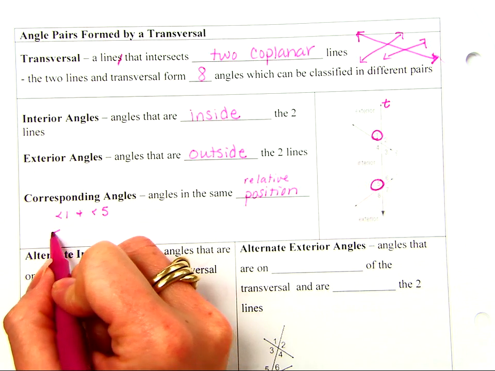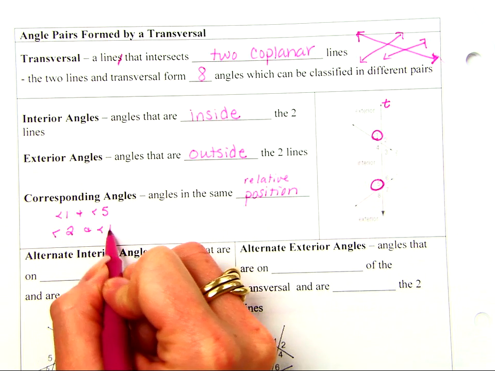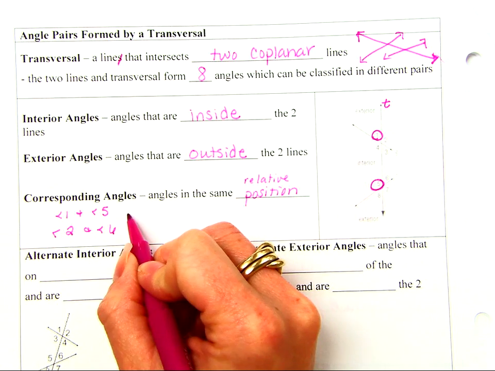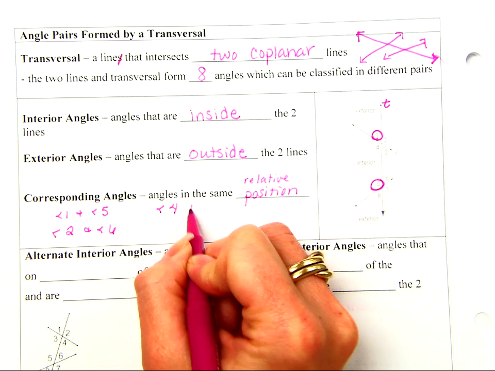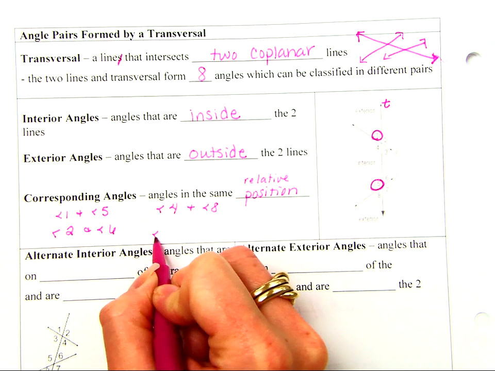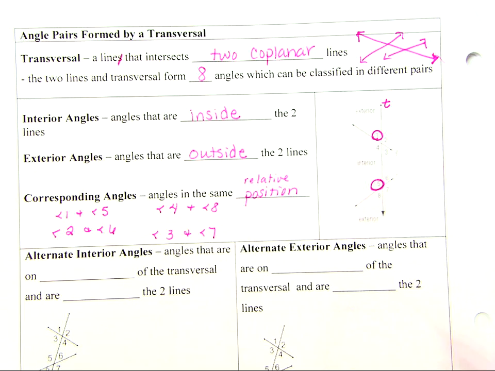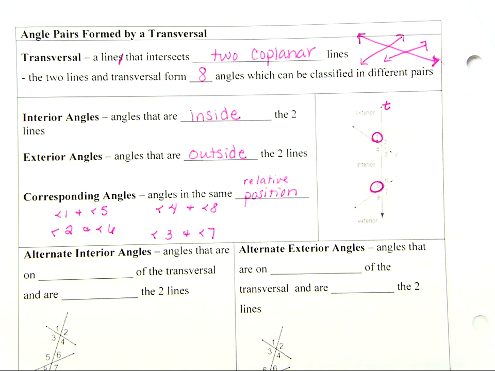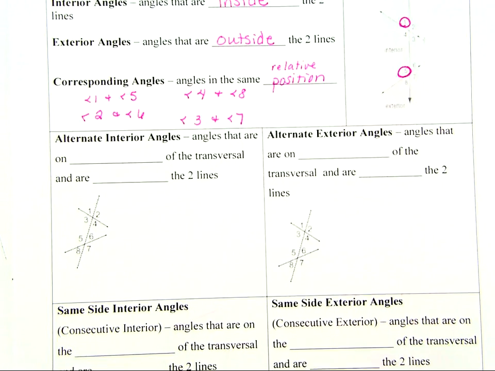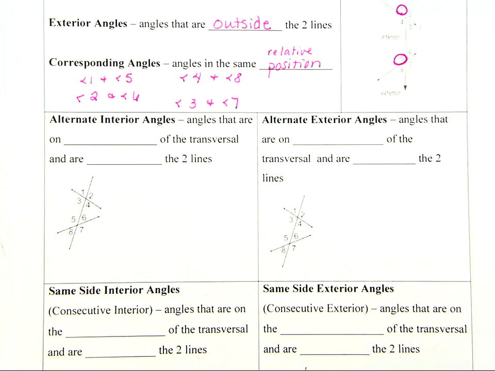Likewise, angle 2 and angle 6. Also angle 4 and angle 8. Angle 3 and angle 7. Your angles can be considered alternate interior angles.